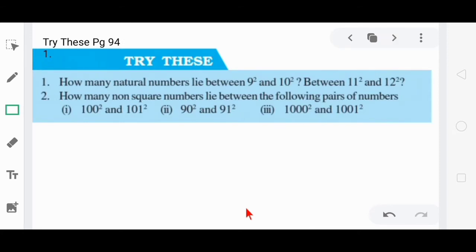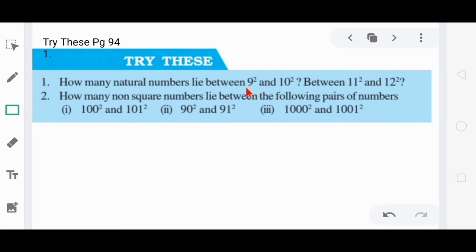Now you have to try this exercise in your classwork. How many natural numbers lie between 9 square and 10 square? And you have to find between 11 square and 12 square. You can see these two square numbers are consecutive because after 9 square you get 10 square.